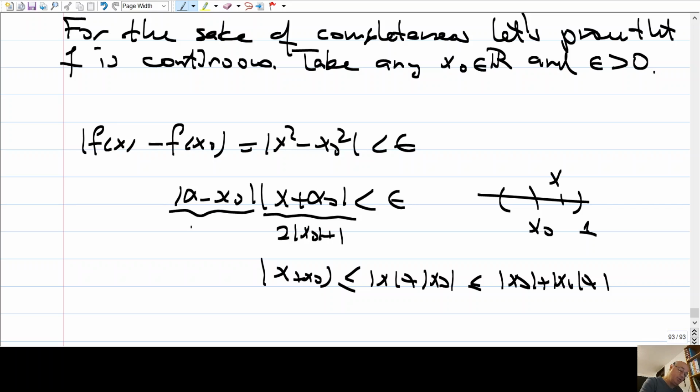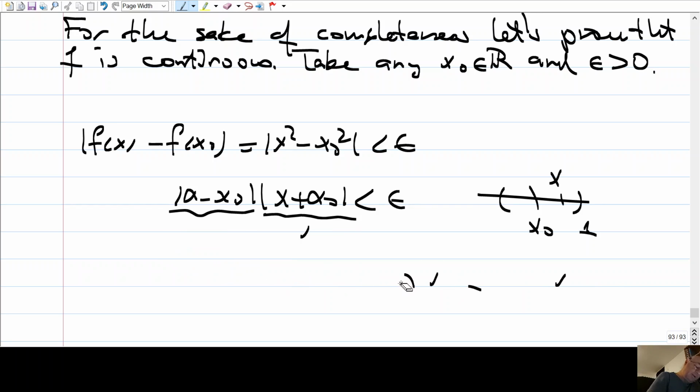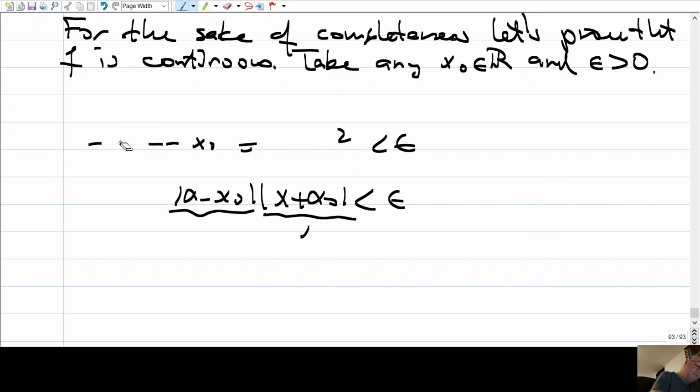So if I choose this to be less than epsilon over 2 times x0 plus 1, then this will be less than epsilon. So I need to choose my delta to be less than epsilon over 2x0 plus 1. Okay, so that's the strategy. Let's write it down.